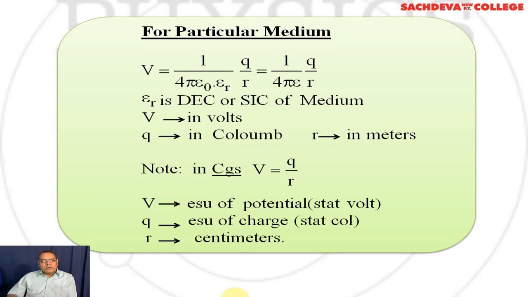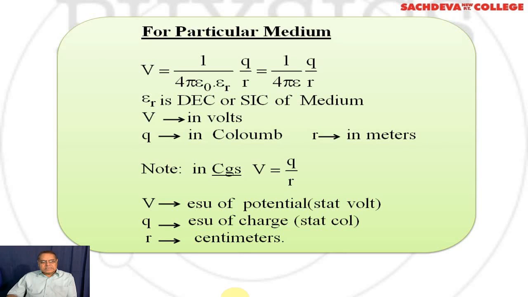So the formula of potential will be 1 over 4 pi epsilon naught epsilon r Q over r, which can be written as 1 over 4 pi epsilon Q over r. Epsilon r is the dielectric constant or specific inductive capacity of the medium. In this formula, V is calculated in volts, Q in coulombs, and R in meters.